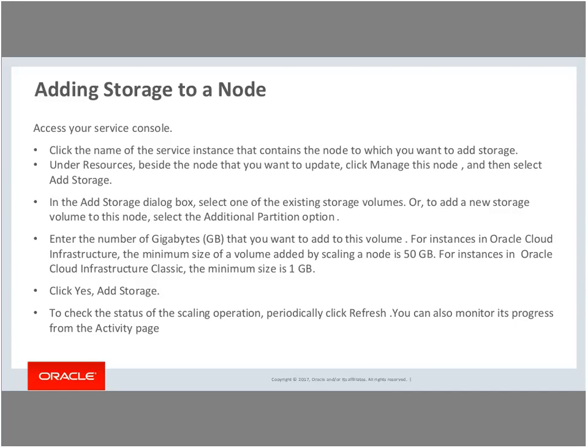There is an upper limit, but it is very high. I think it's 2048 GB that you can scale up, adding storage to that mount volume, either custom or existing volumes.